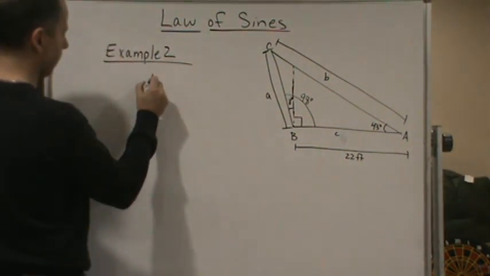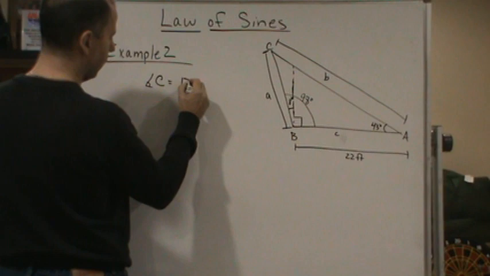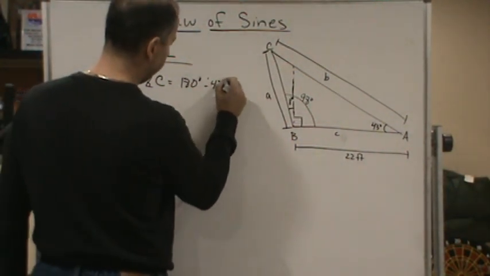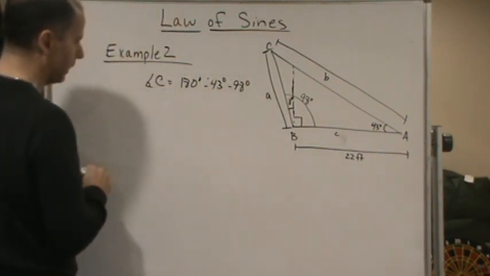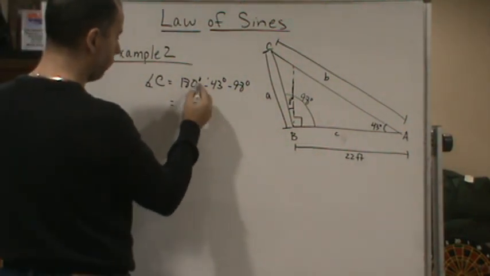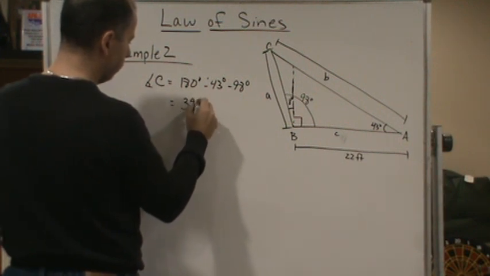Well, let's do angle C, just like before. So angle C is equal to 180 degrees minus 43 minus 98. So we're going to subtract off 141 from here. So that's going to give us a 39-degree angle, right?